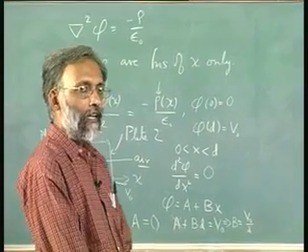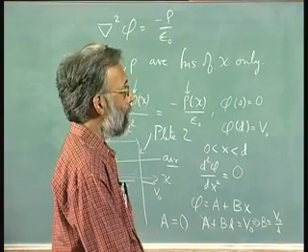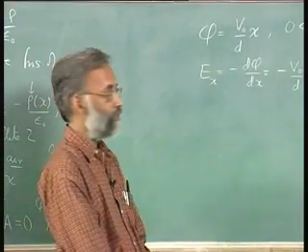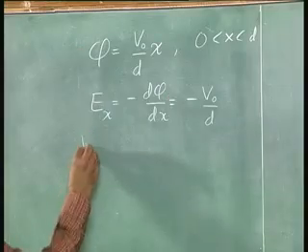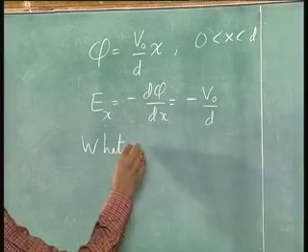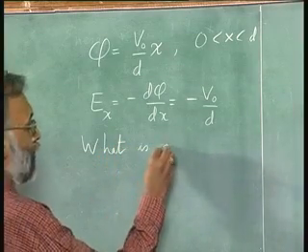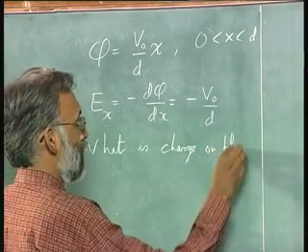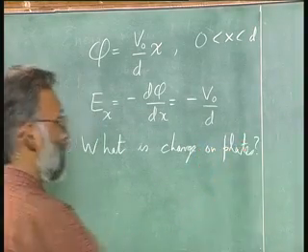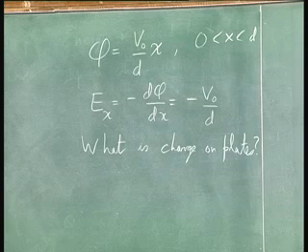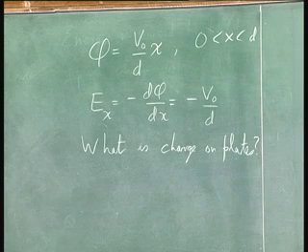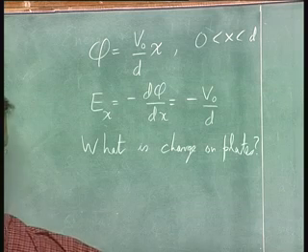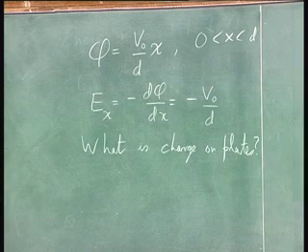Now, this still does not tell us what we really want to know. It still does not tell us what is rho, all right. What is the charge on the plates? Well, for that we go back to some more high school physics. We apply Gauss's theorem.